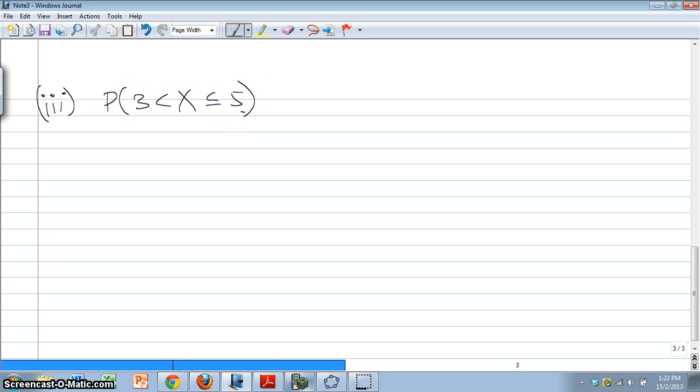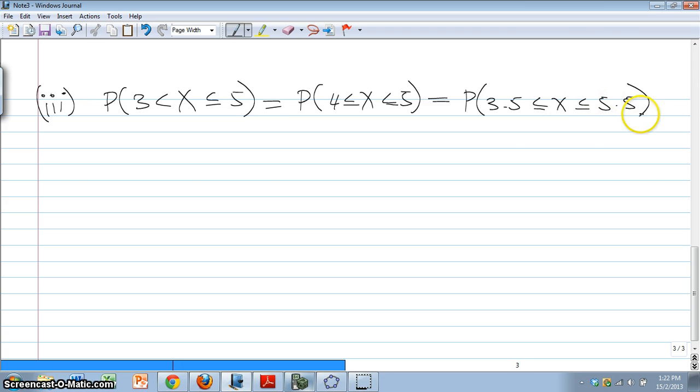Again, this is in a discrete case. So in a discrete case, we're actually looking at 4 less than or equal to x less than or equal to 5. And now applying a continuity correction, that means I'm looking at 3.5 less than or equal to x less than or equal to 5.5.